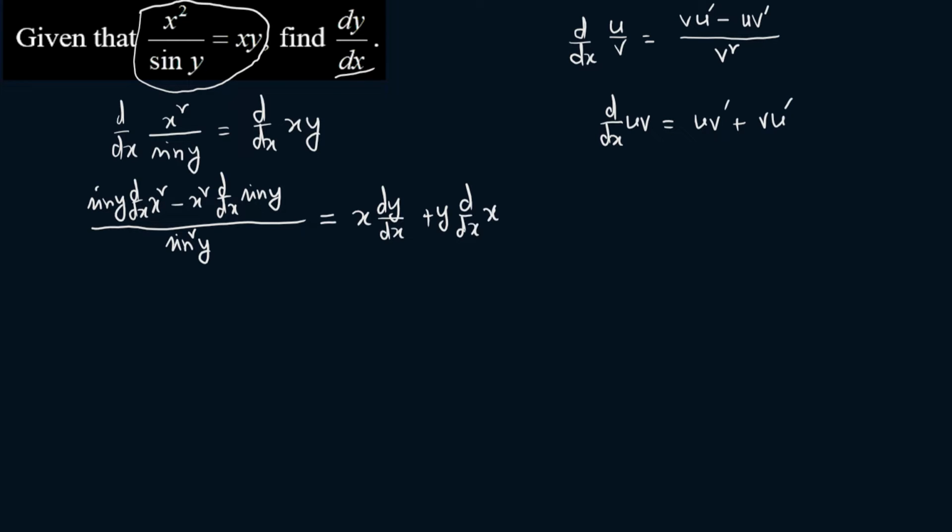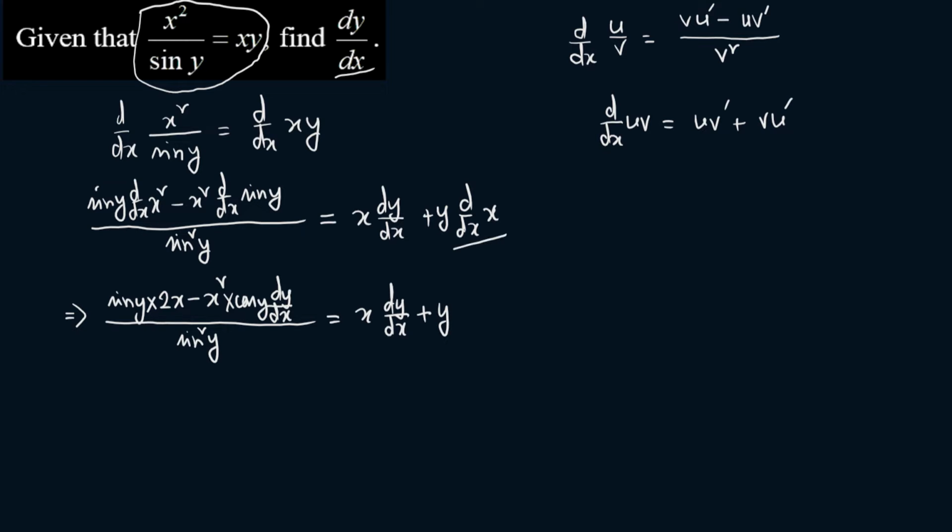So now let me complete our differentiation from the top and the bottom. It is sine y into, if we differentiate x square it gives us 2x, minus x square into cos y, then we need to write beside it dy by dx because it's a function of y, and on the bottom sine square y as the denominator. On the right side it is x dy by dx plus y, because d by dx of x equals 1.